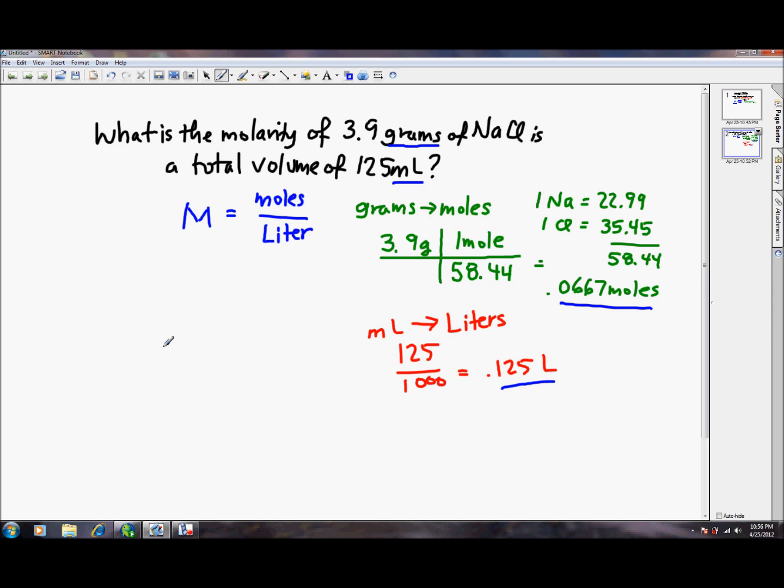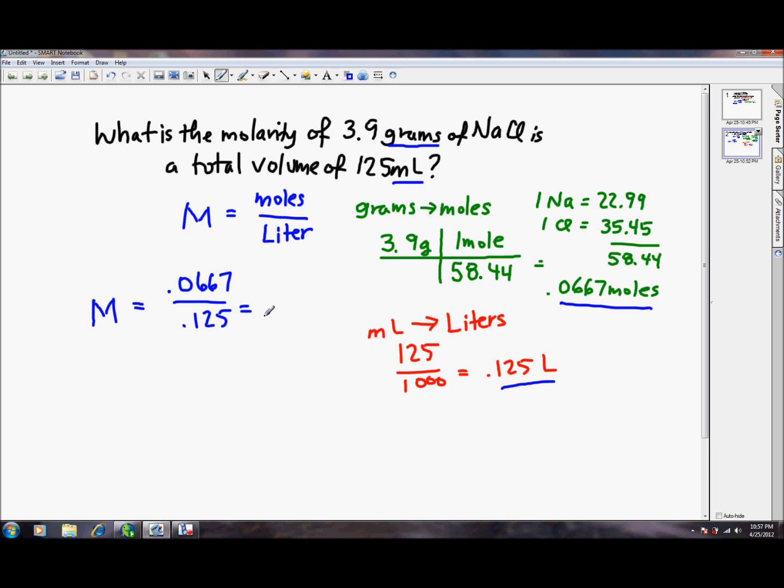Okay, so now I'm going to take this number and this number, and I'm going to input them right into my equation. So M, the molarity, will equal 0.0667 over 0.125. And my answer will be 0.5336.